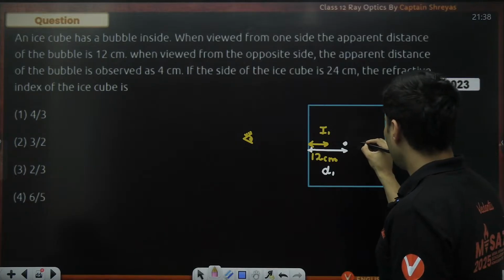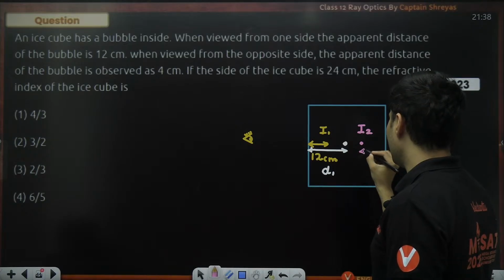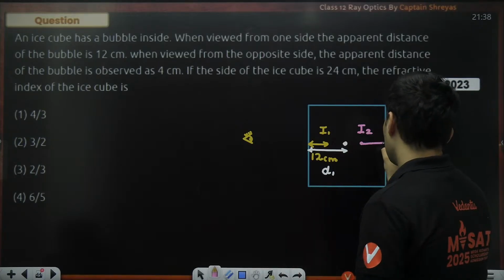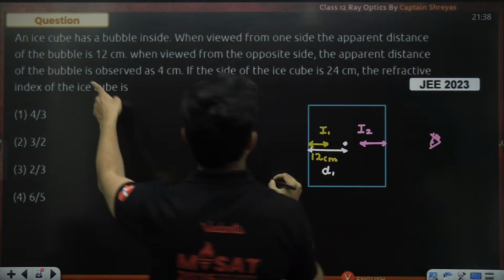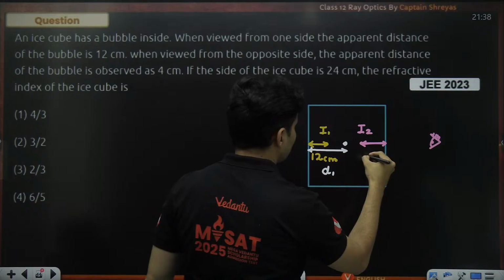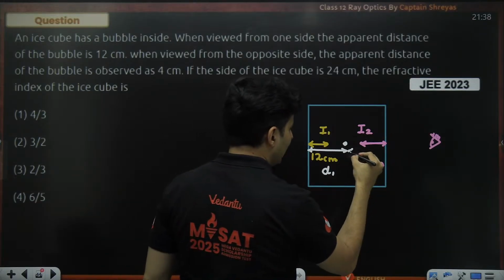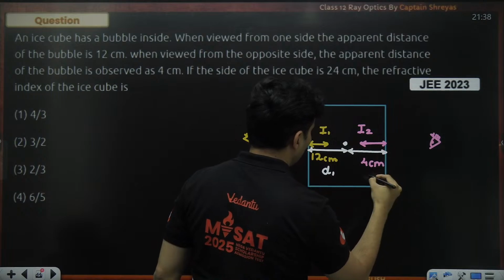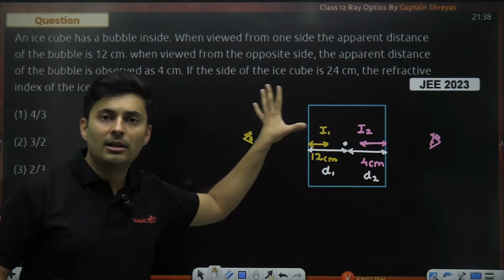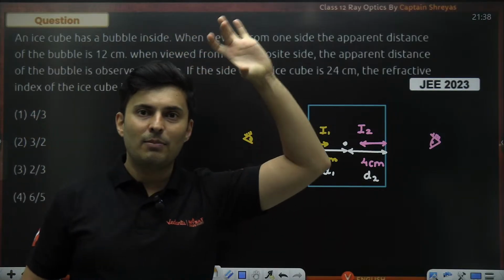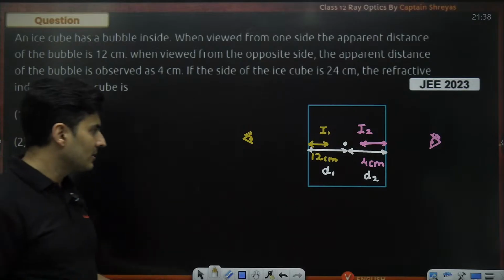This time, the image is formed over here, I2, and this distance comes out to be 4 centimeters. But from this side, how deep that object is, I don't know. I will call it D2. This is the figurative explanation of the entire passage. Check this out. This is what the actual question means.